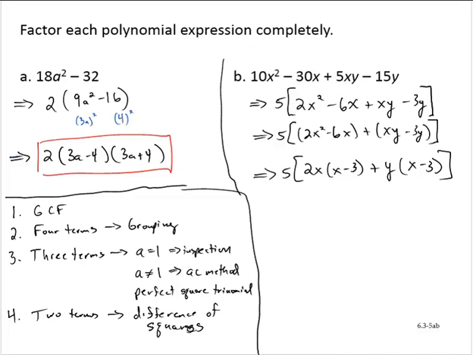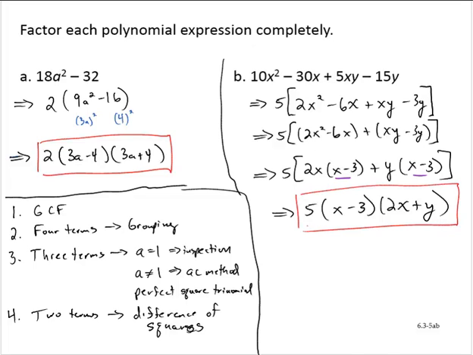And I now have the common binomial factor of x minus 3. So I can rewrite this as 5 by x minus 3 by 2x plus y. And that is the completely factored form.